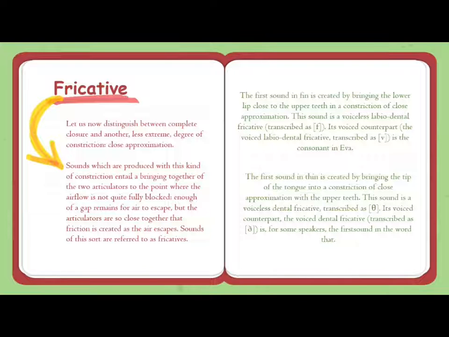This sound is a voiceless dental fricative, described as theta. Its voiced counterpart, the voiced dental fricative, described as eth, is, for some speakers, the first sound in the word that.